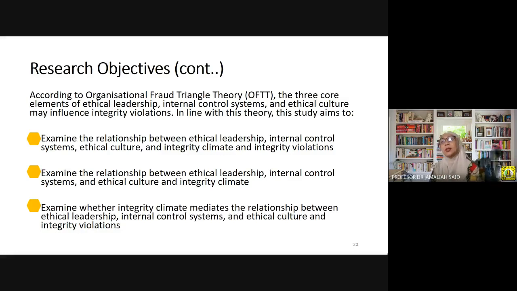Objective number two, to examine the relationship between ethical leadership, internal control system, and ethical culture on integrity climate, because that is the new element that he introduced into the theory. Last, to examine whether integrity climate mediates the relationship between ethical leadership, internal control system, and ethical culture.